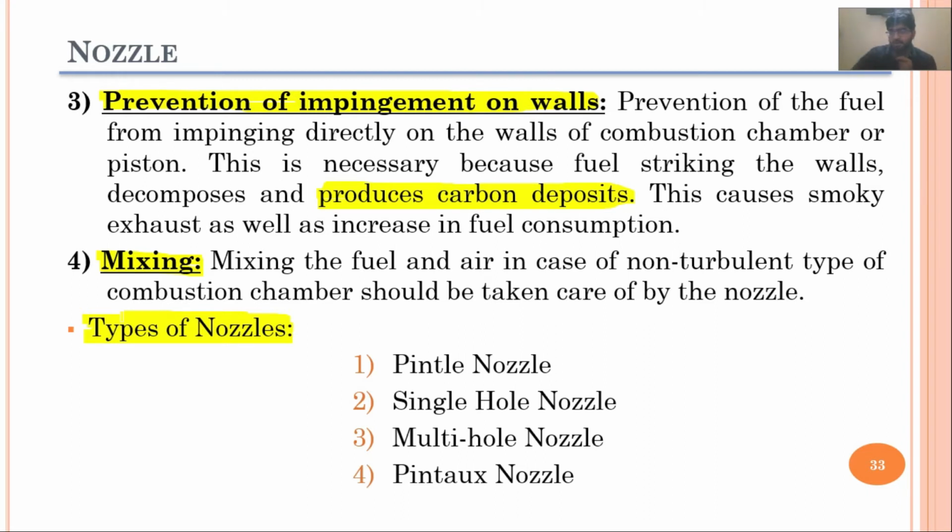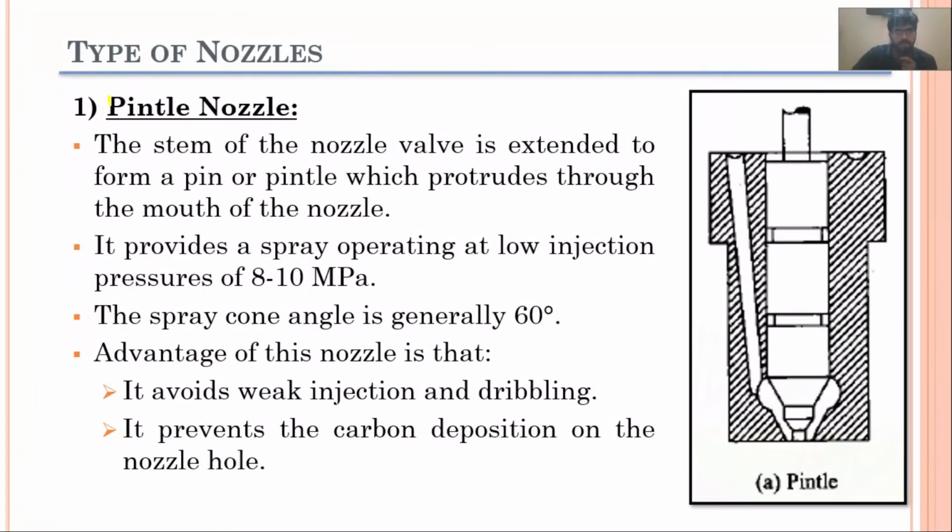Moving forward, when we are talking about a pintle nozzle, here you can see this shape of the nozzle is just like a thumb pin, and because of its shape, these nozzles are called pintle nozzles.